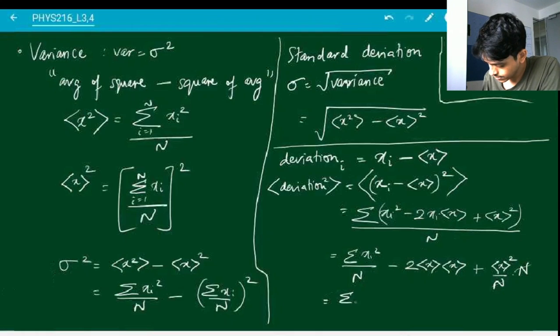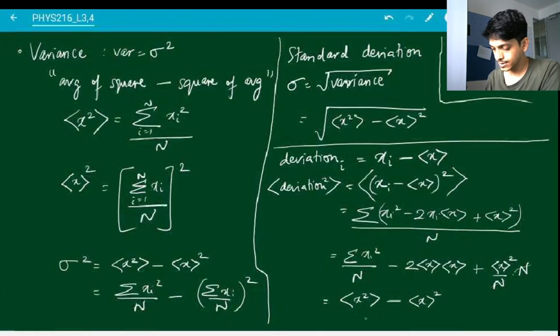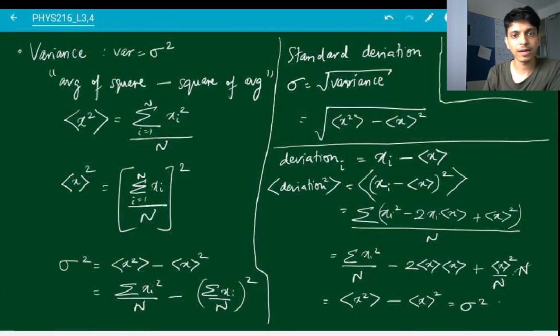So this first term is the average of the squares, and then minus 2x-bar squared plus x-bar squared gives minus x-bar squared. So you can see again this is just the average of the square minus the square of the average. So this is just sigma squared. This is one more way of defining the standard deviation: the average of the square of the deviation for each of these xi's.